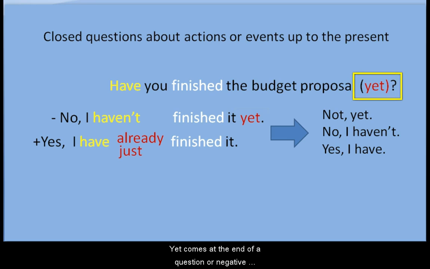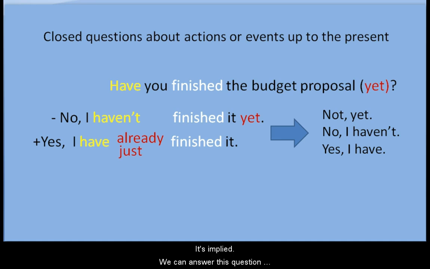Yet comes at the end of a question or negative sentence. Many of my students know the expression not yet. But you can ask a question with yet too. It is true that by using the present perfect tense, the word yet really isn't necessary. It's implied.